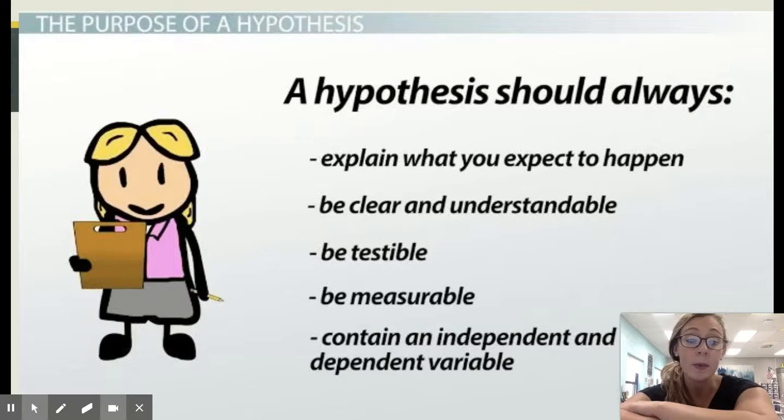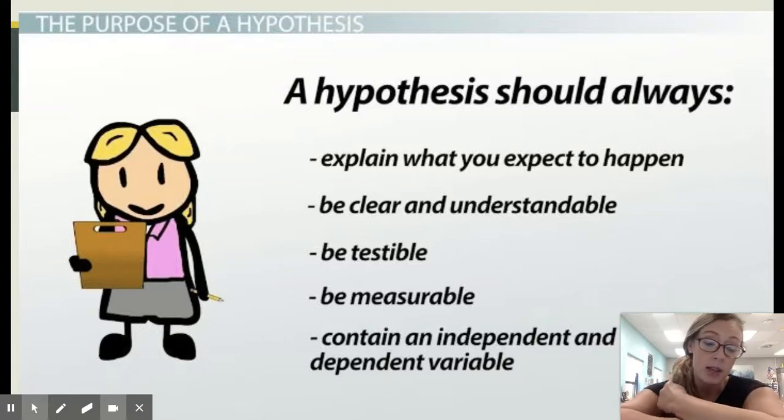So it can't have opinion in it. So if I say Nike tennis shoes are the best tennis shoes ever for all sports, all everything, that's not really testable. I mean, we can test it to some extent, but that's my opinion, because Dr. Strode may like Asics, and Miss Brown may like Adidas, and Mr. Foy might like Under Armour, right?